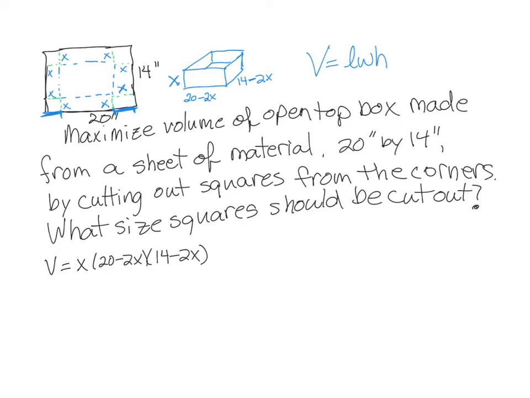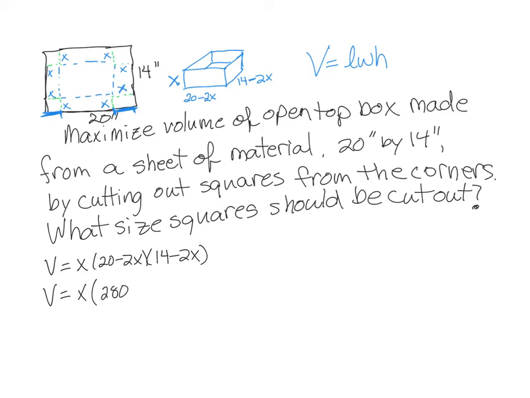So if you're told to maximize something, you find the formula, you take the derivative, set it equal to 0, get the values of X. Now in this case, you're going to get two different values of X. One will make sense and the other one won't. So you'll know which one is the right answer. I'm going to FOIL this out. 14 times 20 is 280.